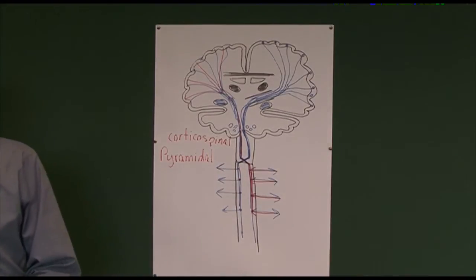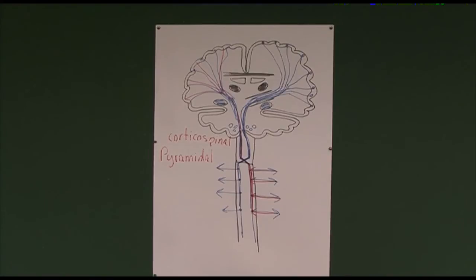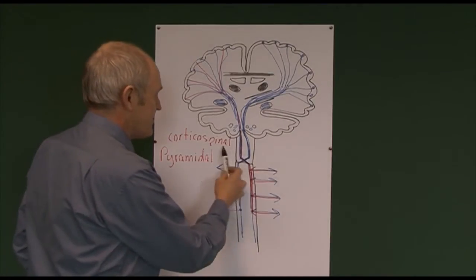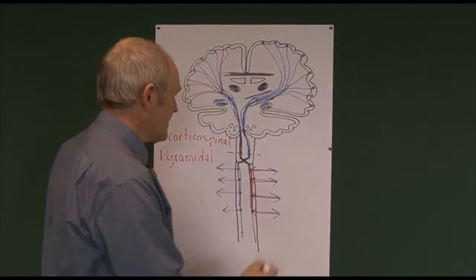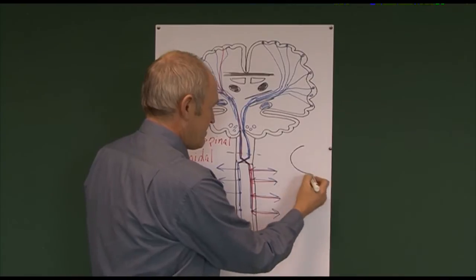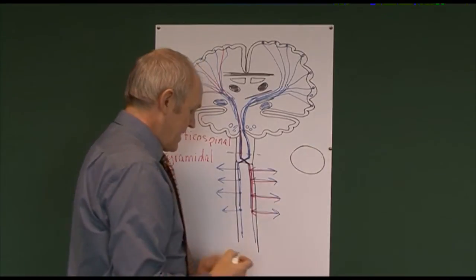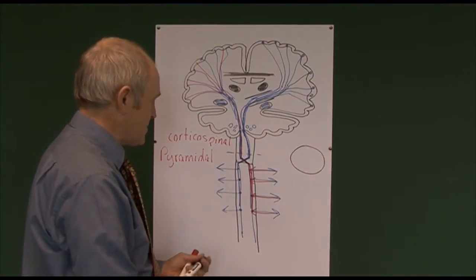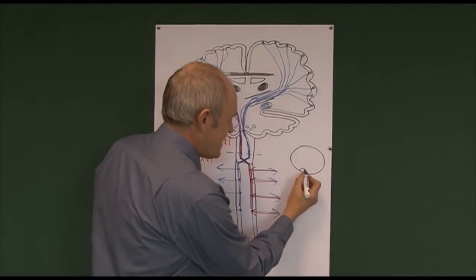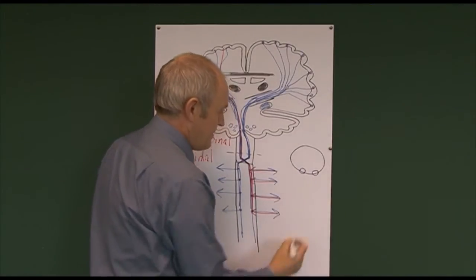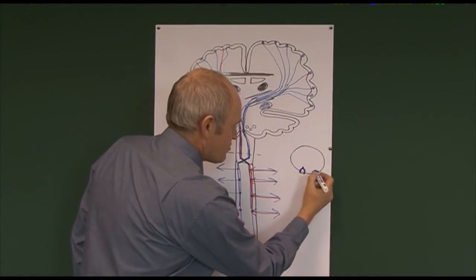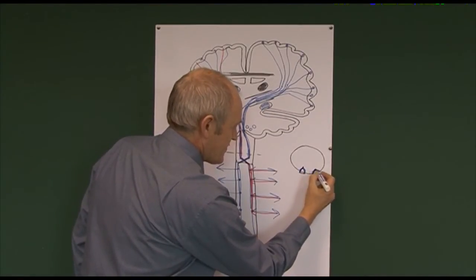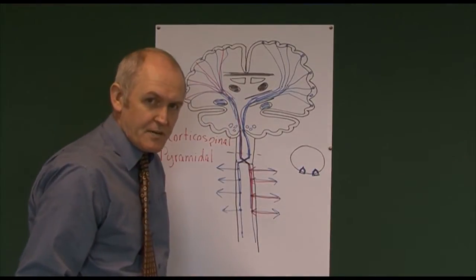And the reason for this is that if you take a cross-section of the brainstem at round about this level, and we look at the cross-section of, say, the medulla, then these nerves of the corticospinal tract are travelling very near the surface of the medulla. And in fact, if you look at them in cross-section, they're not round, they're more triangular shaped. And someone thought they were pyramid shaped.